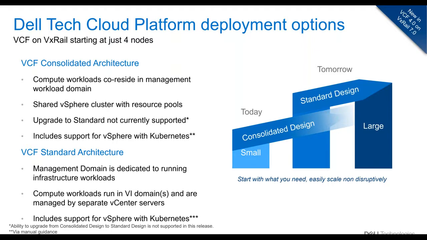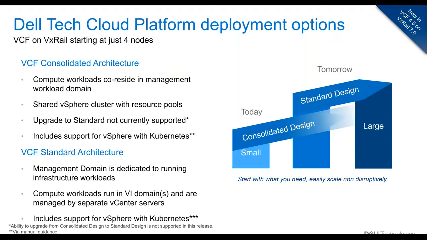This has a benefit because it allows us to start our deployment with just 4 nodes, versus with the standard architecture, where we would start with a minimum of 7 nodes, even though 8 nodes is what is recommended. So it's got that lower entry point from a footprint and also from a cost, because there are fewer node infrastructure components required for this.